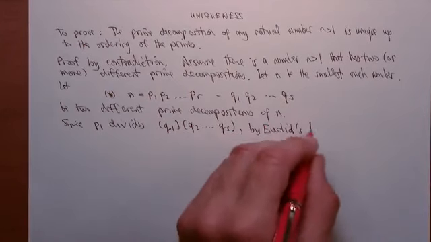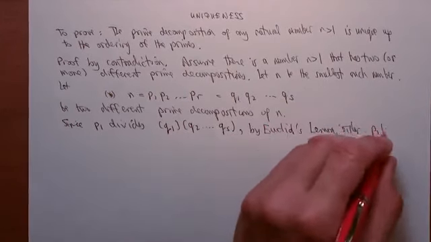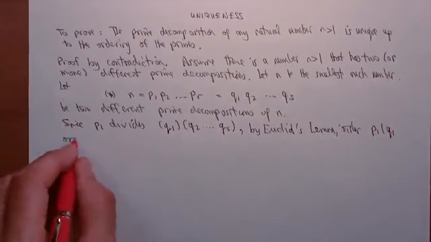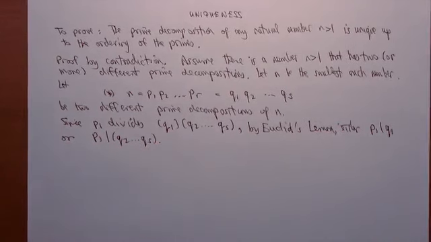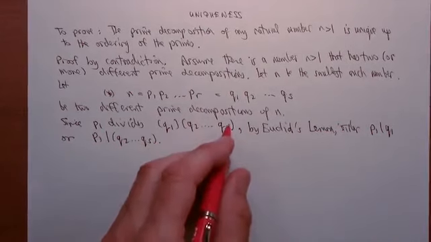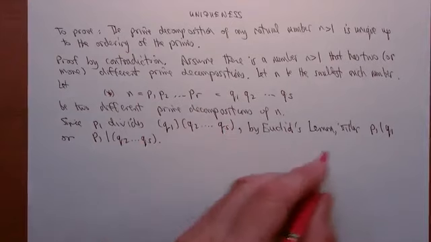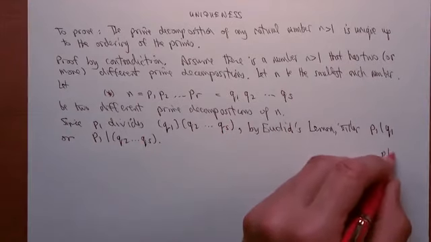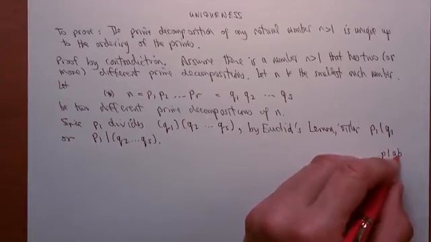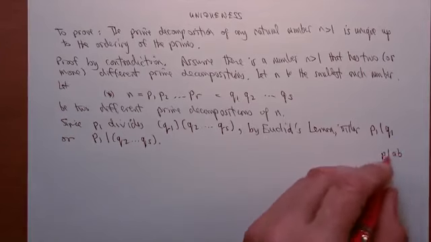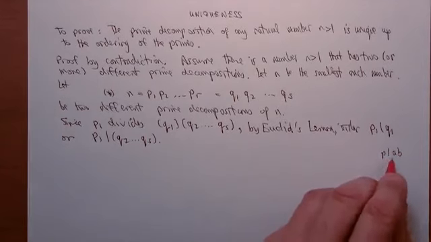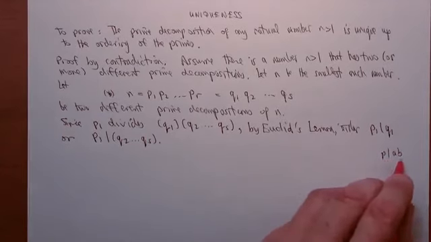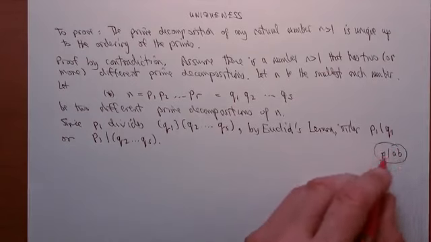So now let me continue that sentence. By Euclid's lemma, either p1 divides q1 or p1 divides the product q2 through qs. Remember, Euclid's lemma says that if I have a prime number p, and if p divides a product ab, then p divides at least one of a or b.